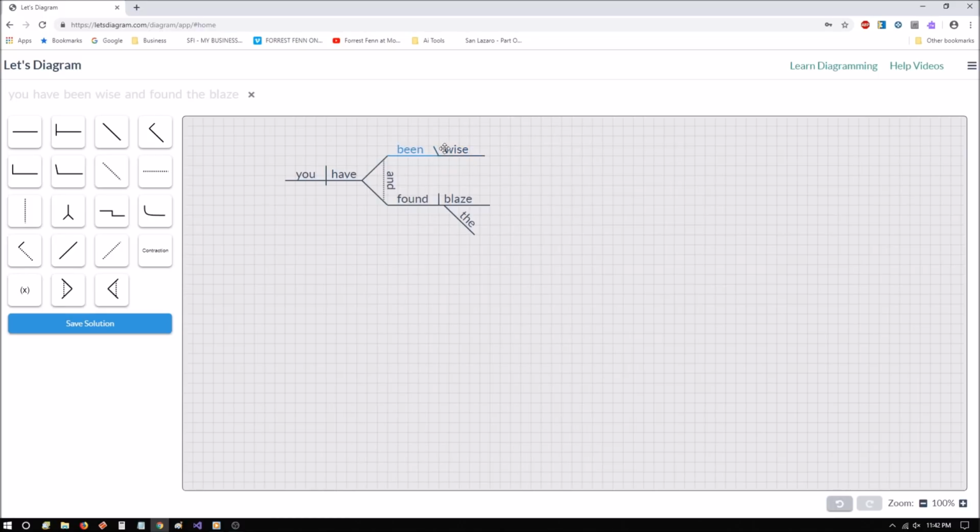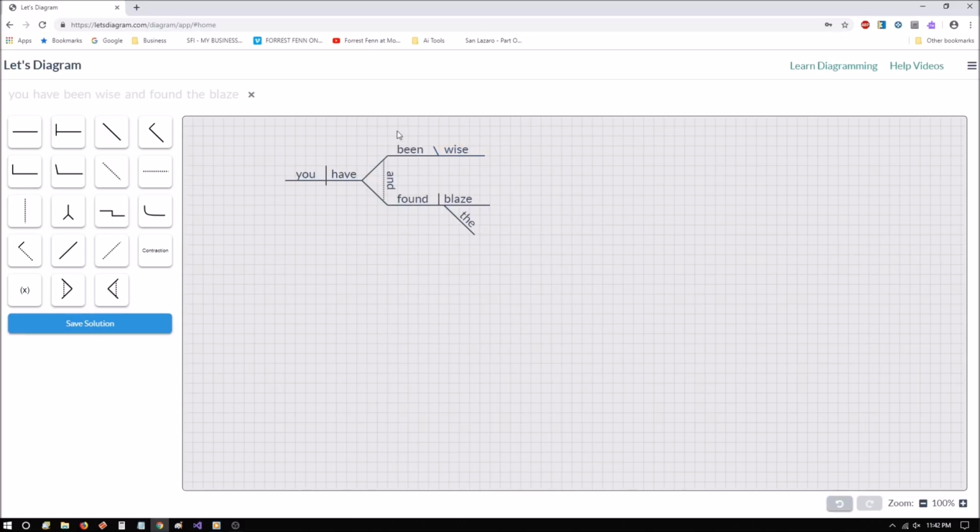Now, if you notice, these are slightly different. This one has a backslash before wise, and this one has a pipe after found and before the blaze. The reason for that is the first one up here is acting as an adjective.